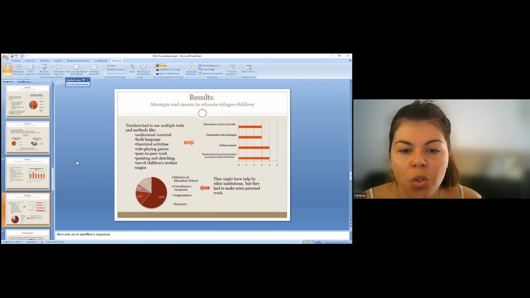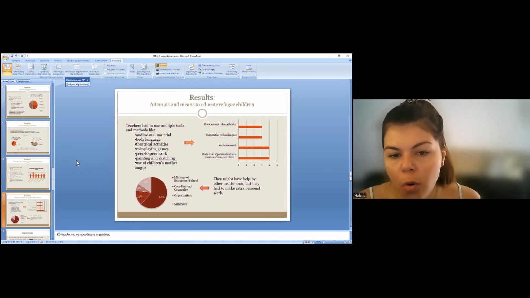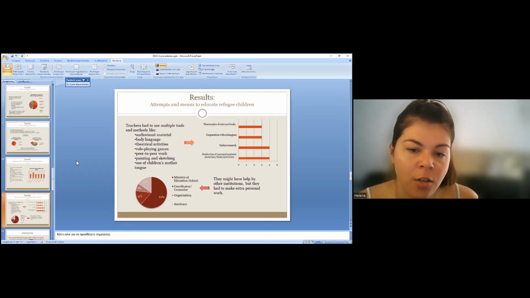They played many role-playing games. They also used theatrical activities. They were trying to use some paintings or sketching through the procedure. And of course, they try to learn the children's mother tongue in order to use it in class.